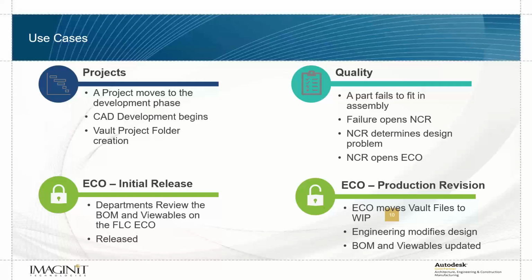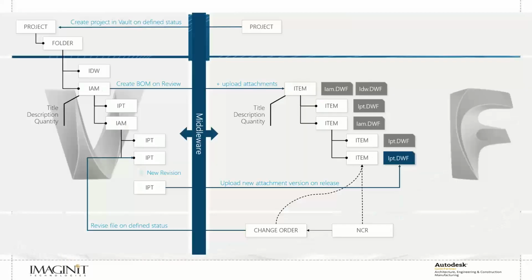So let's take a look at how we would connect these technologies. I want to talk about that a little bit with some of these use cases. This slide shows all the possible use cases connected together. This is our fully connected workflow.